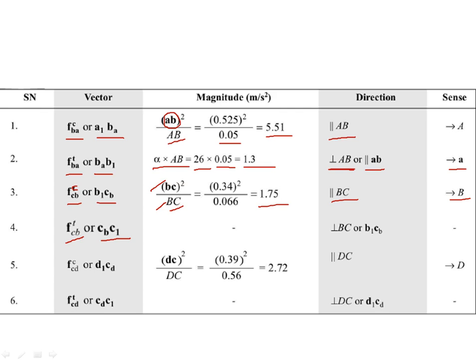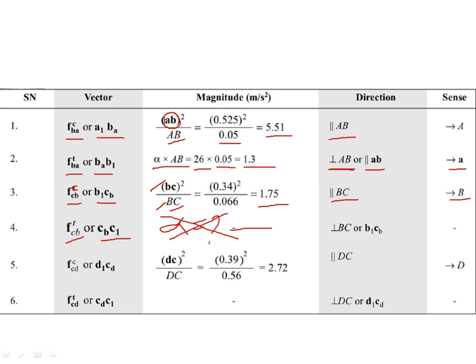We don't know that, because alpha for this CB link is not given. So we'll keep it as a dash. Since it is not given, we will not take this, we'll just keep it blank. But we know the direction.